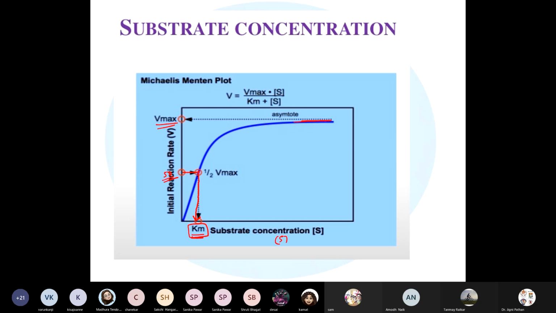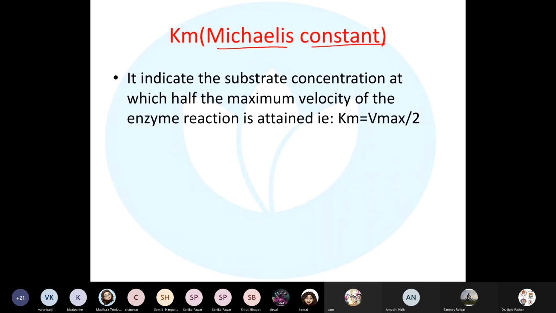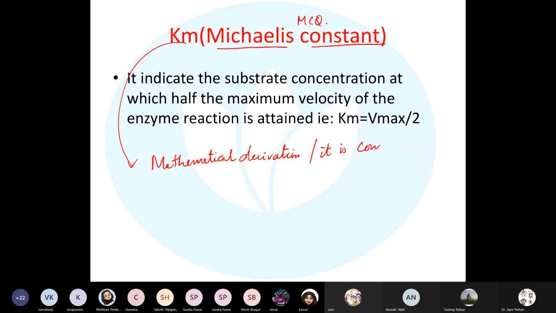So what do you mean by Km? Please write down. Km is the Michaelis constant, important MCQ. It is a constant which indicates the substrate concentration at which half the maximum velocity of the enzyme reaction is attained.